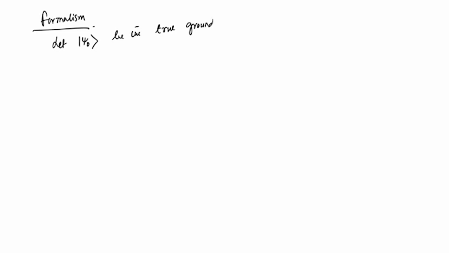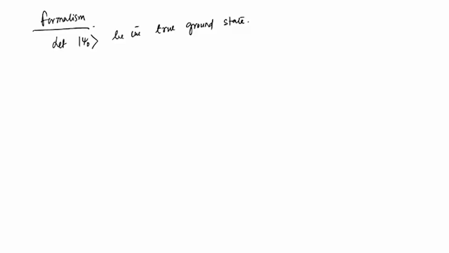We will say many things, this word called true and guess, or true and trial, or true and ansatz. These trial, ansatz, guess, they all mean the same thing. That is, we are making an assumption for the wave function that we think is suitable for a given problem. We do not know this psi 0, of course, but let this be the true ground state.